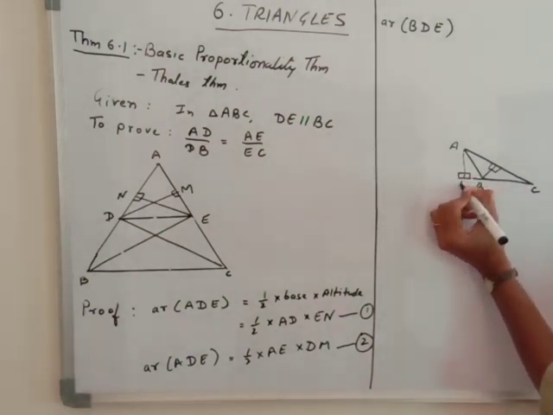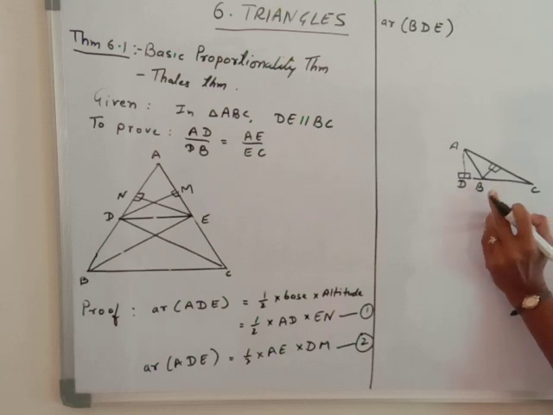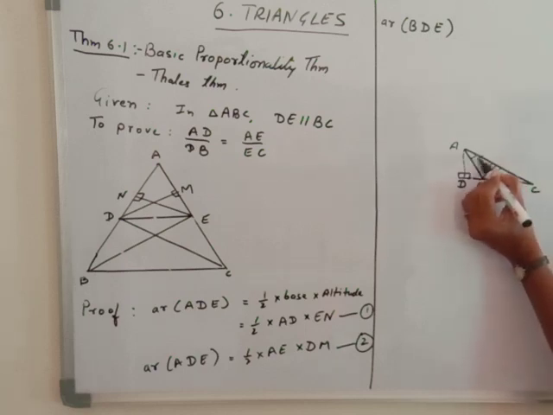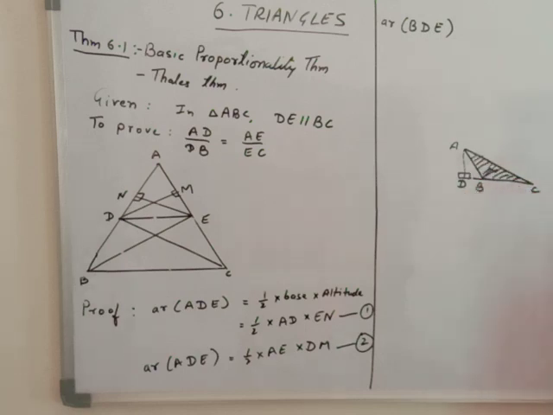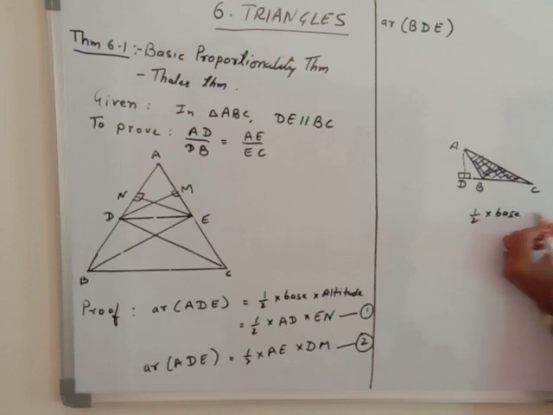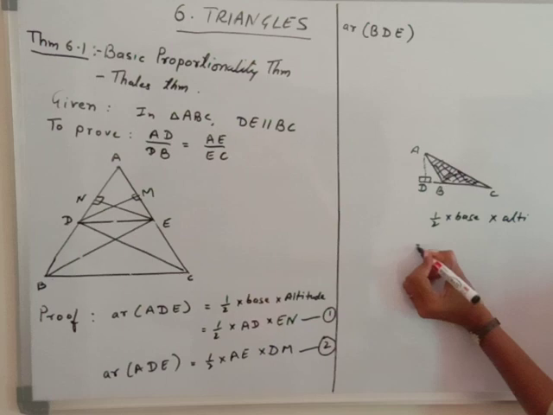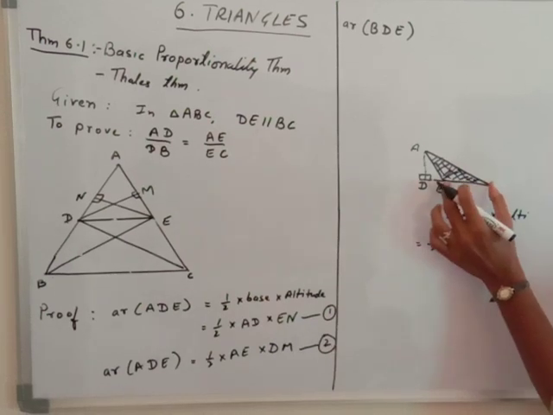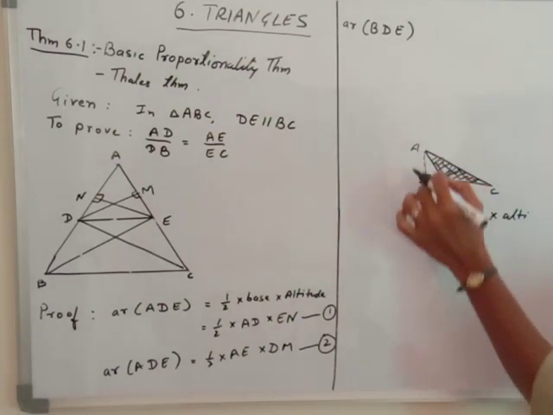And let this point be D. So if I want to find the area of ABC, what will be my answer? It will be half into base into altitude. But see here, what is the base? Base is BC because the altitude is on BC.